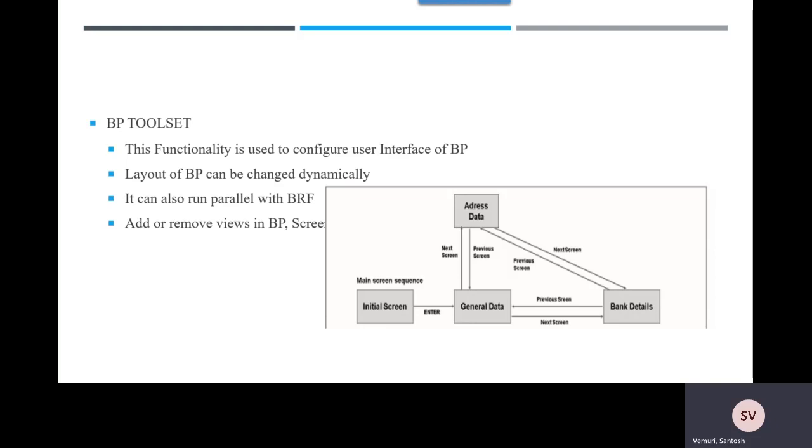So BP toolset functionality can be used, it's called an interface for your business partner, where multiple screens and multiple options are enabled upon choosing that specific role. So it's basically a layout setup, and it can also run parallel with your BRF, business rules framework. Okay, and adding or removing views can be done in the screens in the BP toolset.